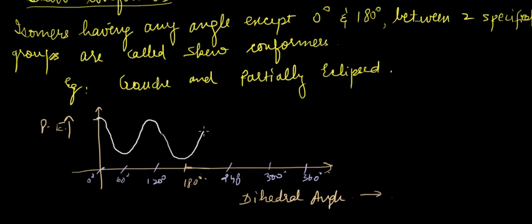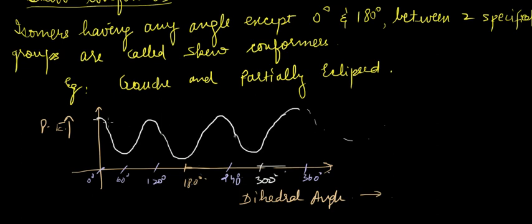At 240 degree it was again called partially eclipsed. At 300 degree it was again called gauche, and at 360 again it was fully eclipsed. So this is how the trend goes on.